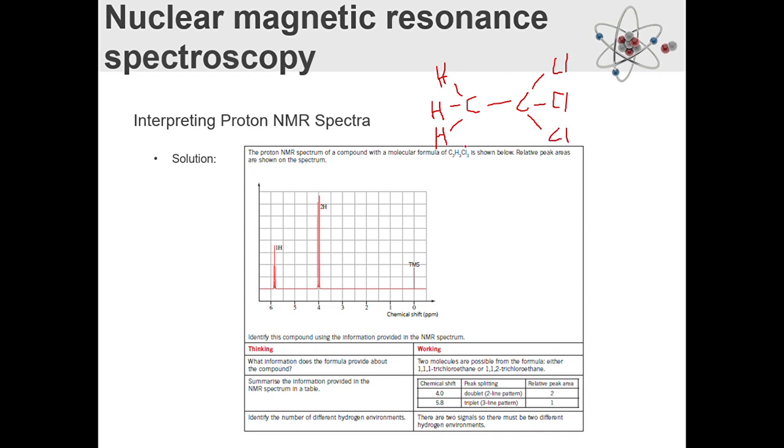Alright, so that's our first molecule, which is 1,1,1-trichloroethane, or okay, sorry, let's just pretend I made that a Cl.